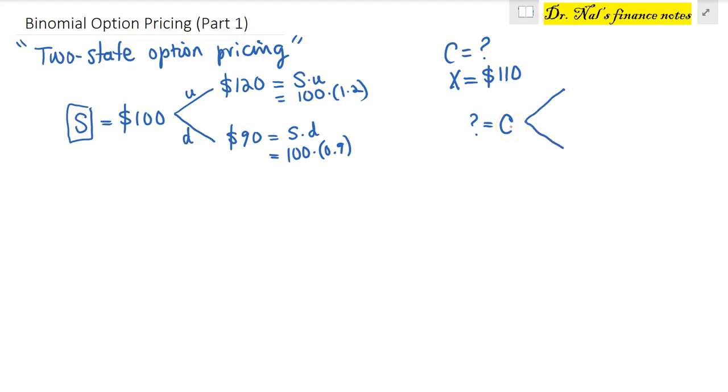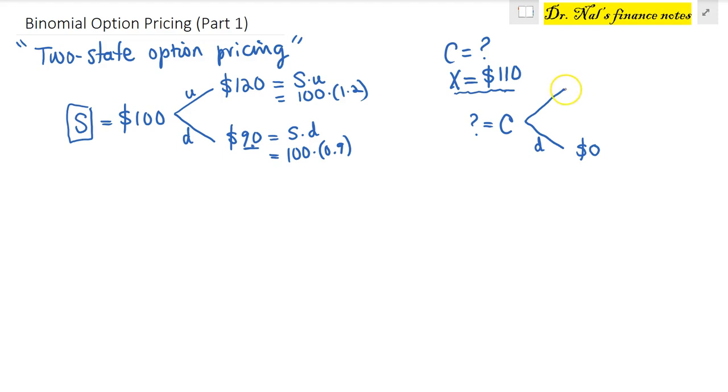The implication for the call option would be, when you buy a call option and the stock price ends up at $90, the call will go worthless, because the call option gives you the right to buy the stock at the strike price of $110. Why would you buy the stock at $110 if it is currently selling at $90 in the marketplace? So therefore, at the down node, the call will go worthless.